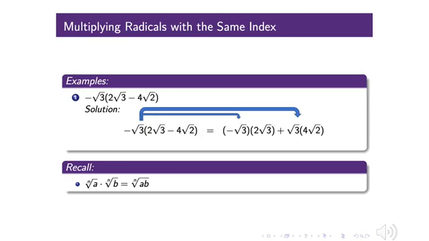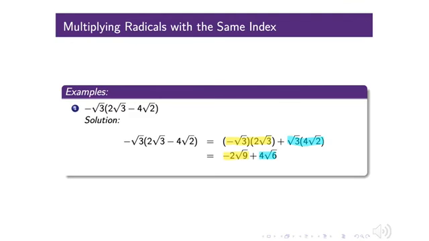First step, by distributive property of the real numbers, we will distribute negative square root of 3 to each term, 2 square root of 3 and negative 4 square root of 2. So we have negative square root of 3 times 2 square root of 3 plus the square root of 3 times 4 square root of 2.